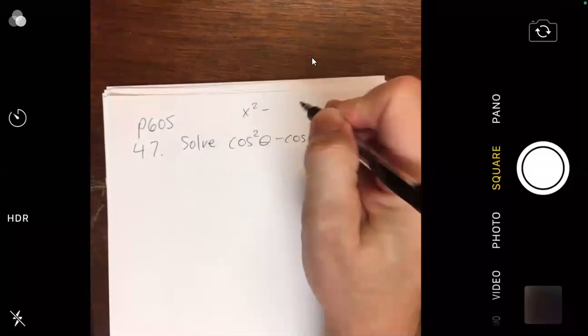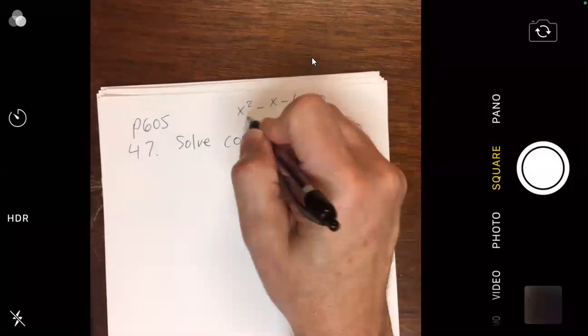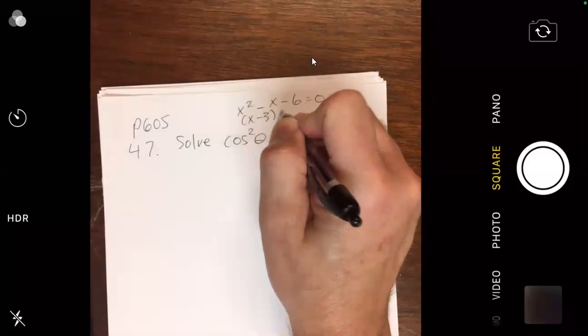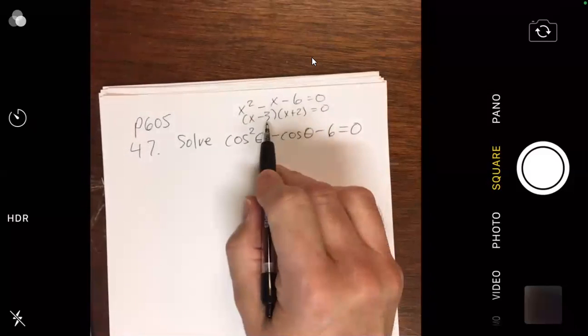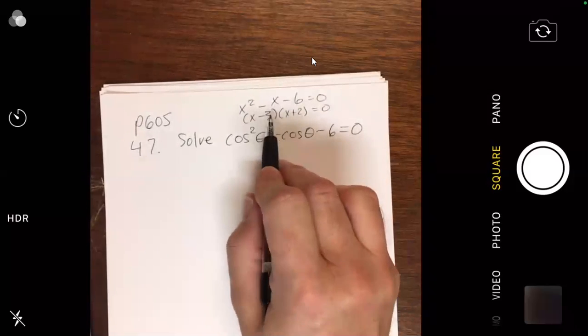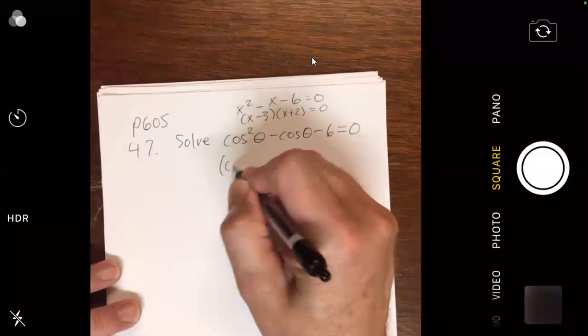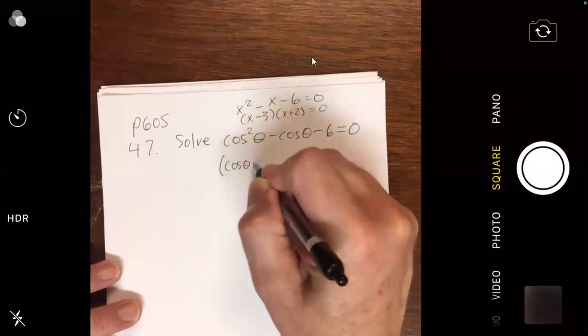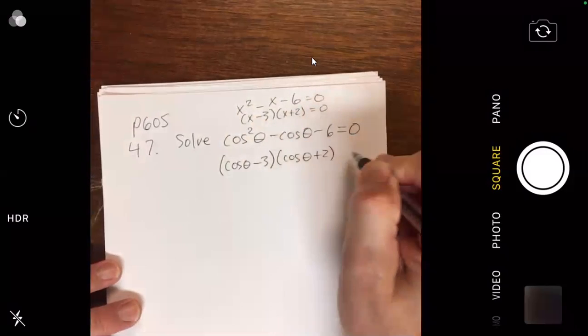It's x squared minus x minus 6. And you'd be going x minus 3, x add 2. Two numbers multiplied to negative 6 add to negative 1. That'd be negative 3 plus 2 is your negative 1, and negative 3 times 2 is your negative 6. So we're going to get the same pattern, but we're going to have cosine theta where the x is. Cosine theta add 2.